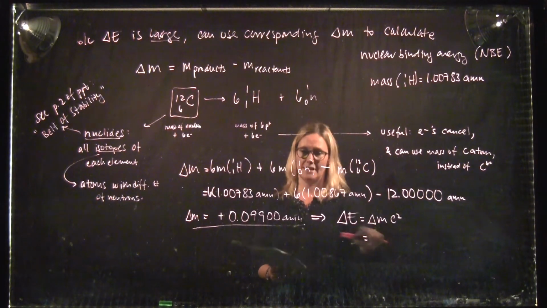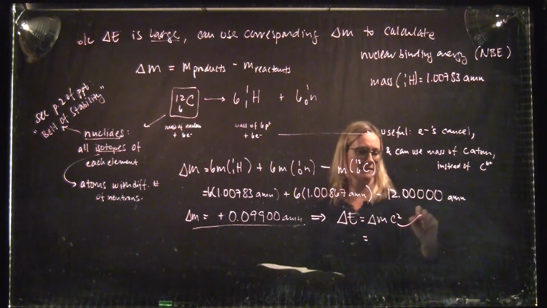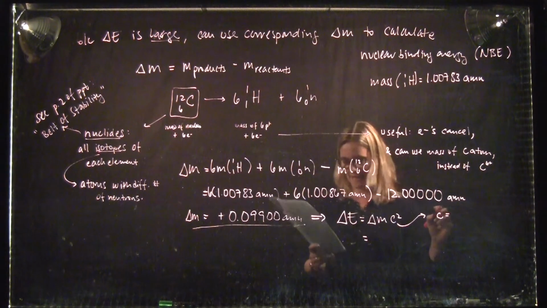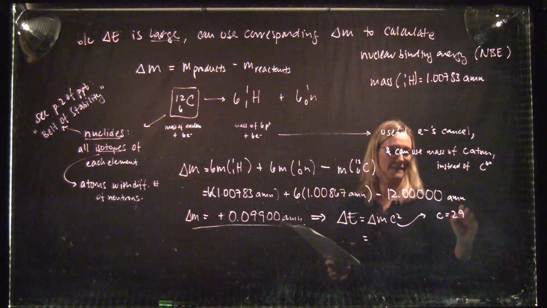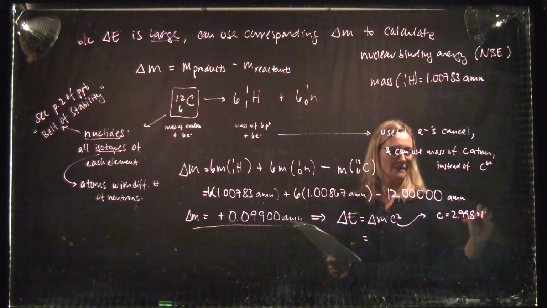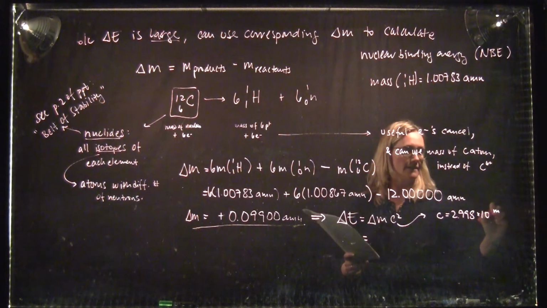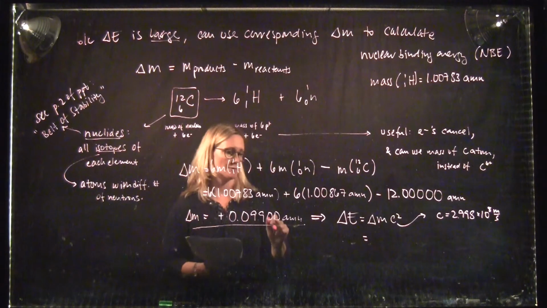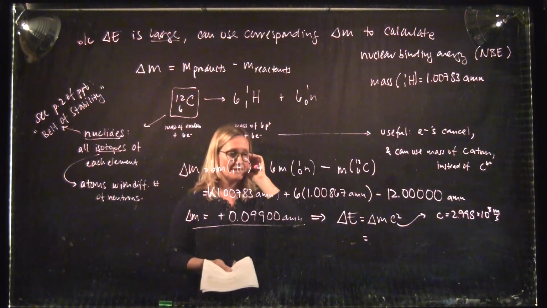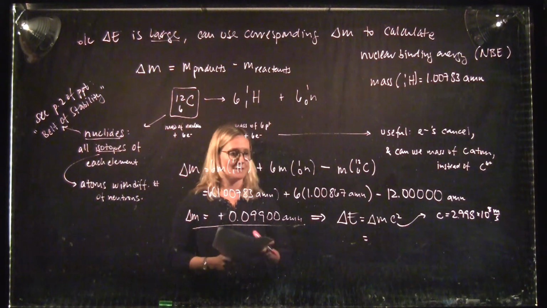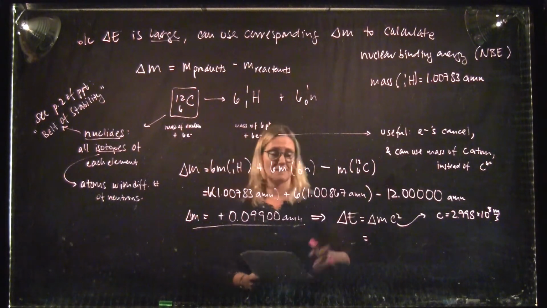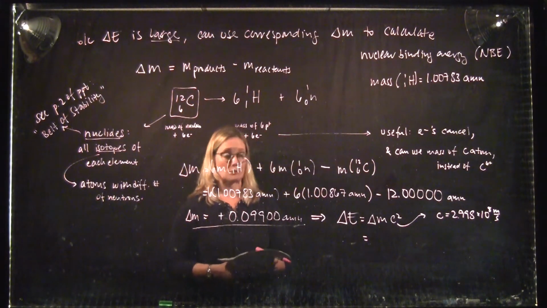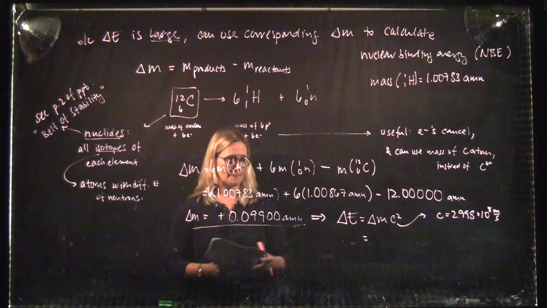So delta M I've just calculated. So C, remember we had 2.998, that's the speed of light. So the relativistic relationship that Einstein posited for this famous equation is that mass is related to energy, and the proportionality constant is the speed of light squared.